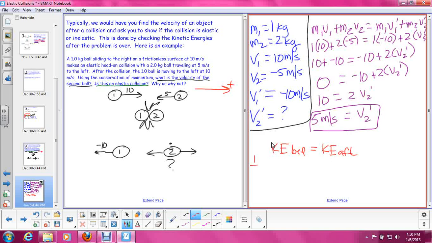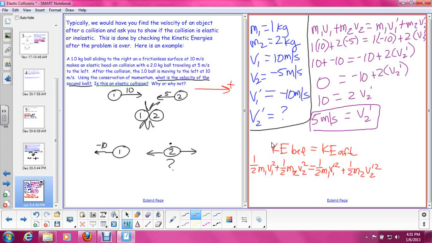So we have 1/2 m1 v1 squared plus 1/2 m2 v2 squared. Kinetic energy of the first ball in the beginning plus kinetic energy of the second ball in the beginning is equal to 1/2 m1 v1 prime squared plus 1/2 m2 v2 prime squared. So that has to be equal to the final kinetic energy of ball 1 plus the final kinetic energy of ball 2.